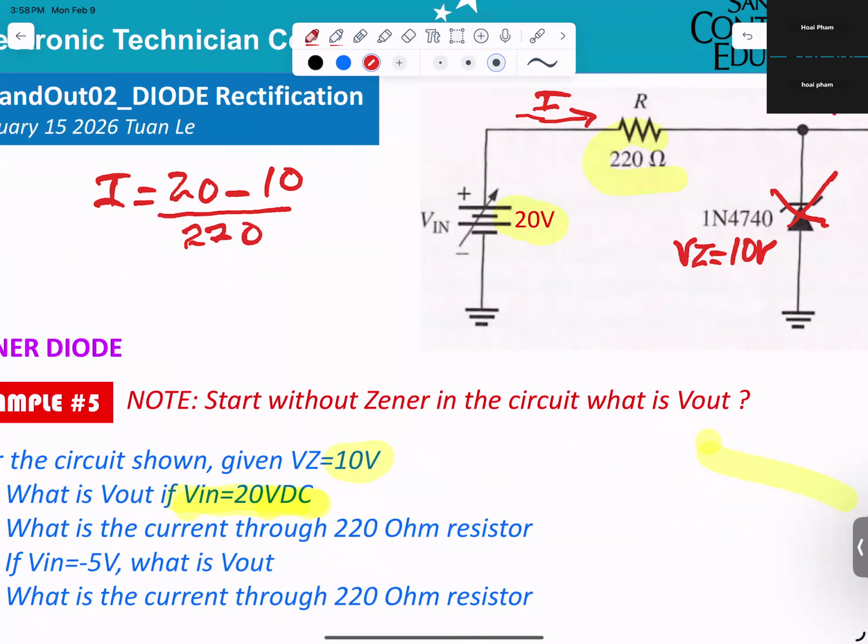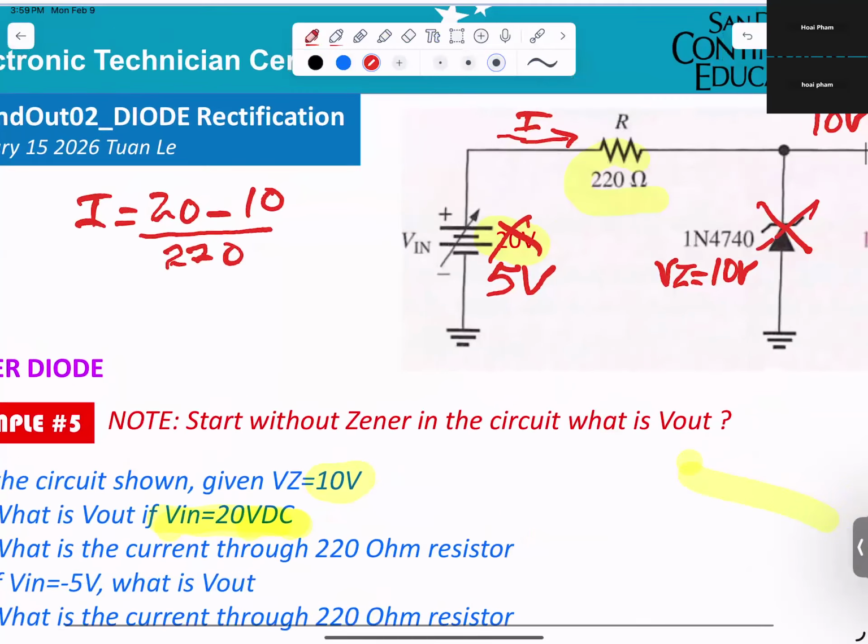Now we put in 5 volt. Yes. What happens if you get a 5 volt? Again, if you have no Zener, what voltage is here? 5.